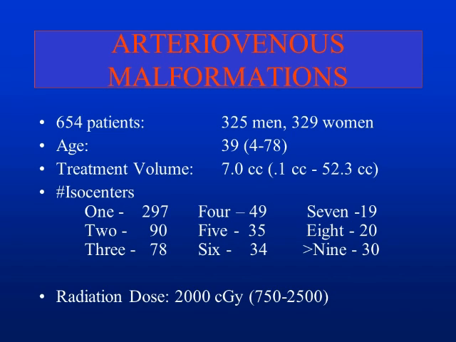Sometimes we have to drop that dose a little bit because we're treating really big AVMs. And the reason we have to drop the dose is that the risk of a complication is proportional to the volume of the shell of normal brain that is getting a dose between the treatment dose and half the treatment dose.